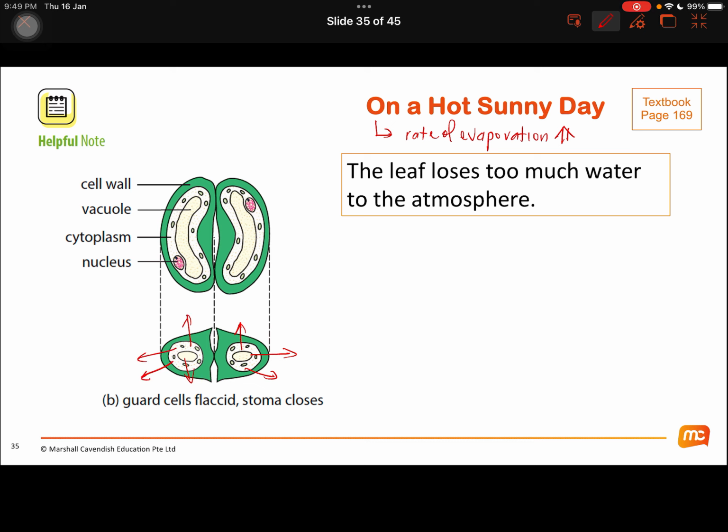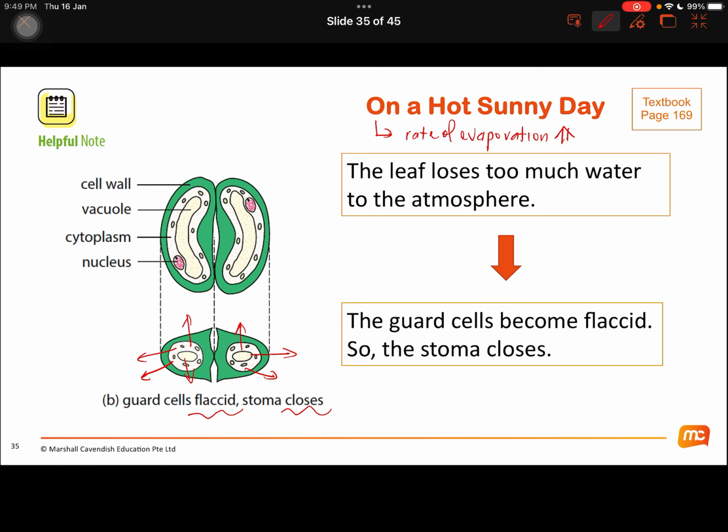And this causes the guard cells to become flaccid, causing the stoma to close. This is a natural response that the plant has to prevent further loss of water during a hot and sunny day. So it closes for water conservation, right? To save water.